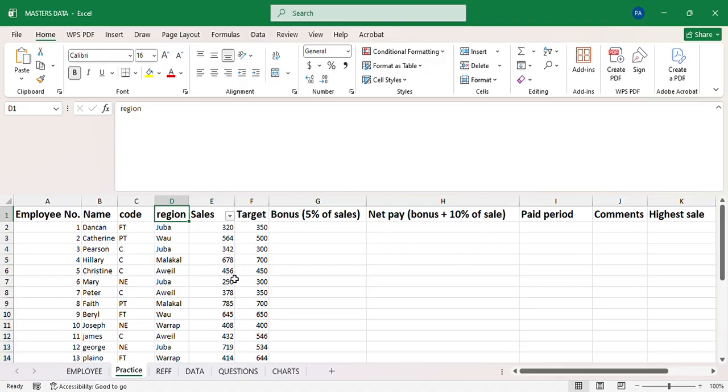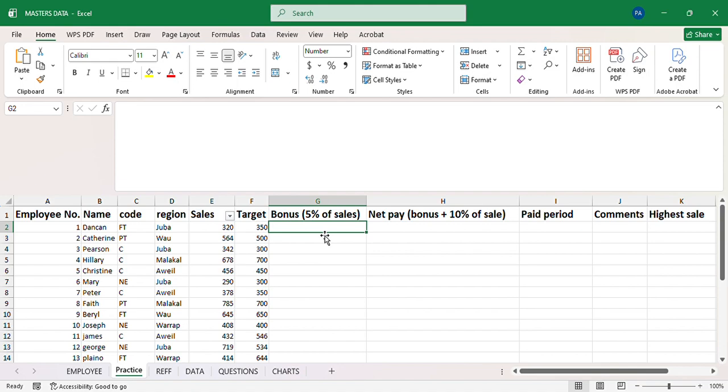So we are going to look at the sale, again the target, to see which employee is selling a lot or generating a lot of revenue more than the others. For example, we want to look at the bonus of 5% of the sales.